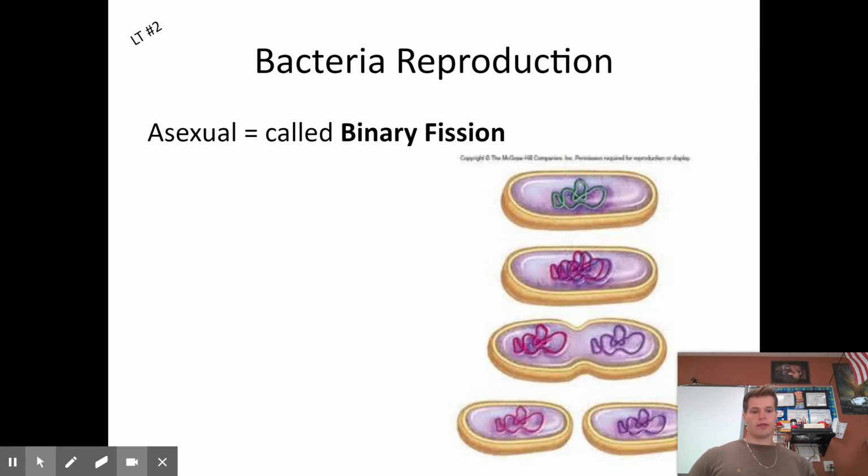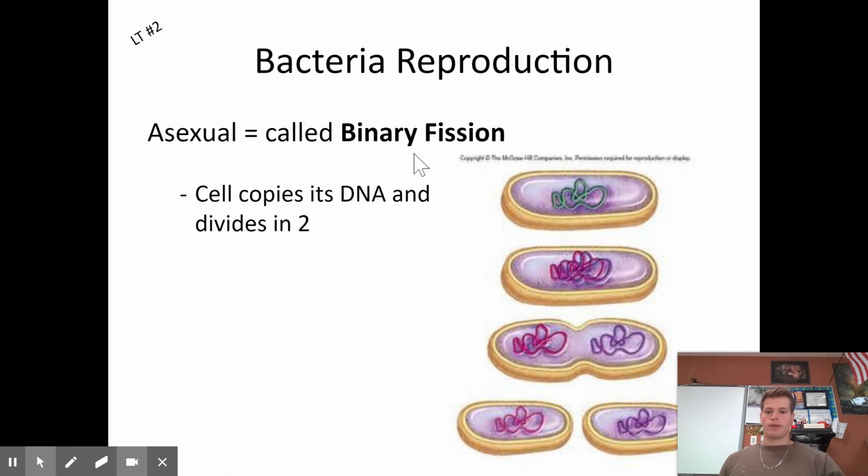You also know that living things reproduce. Bacteria can reproduce asexually in a phenomenon that we call binary fission. Binary fission is when a bacteria cell copies its own DNA. So it has 2 copies of its DNA inside of it, and then it divides in half, and each one of those halves gets its own copy. You can start with one cell with this green little noodle looking thing.